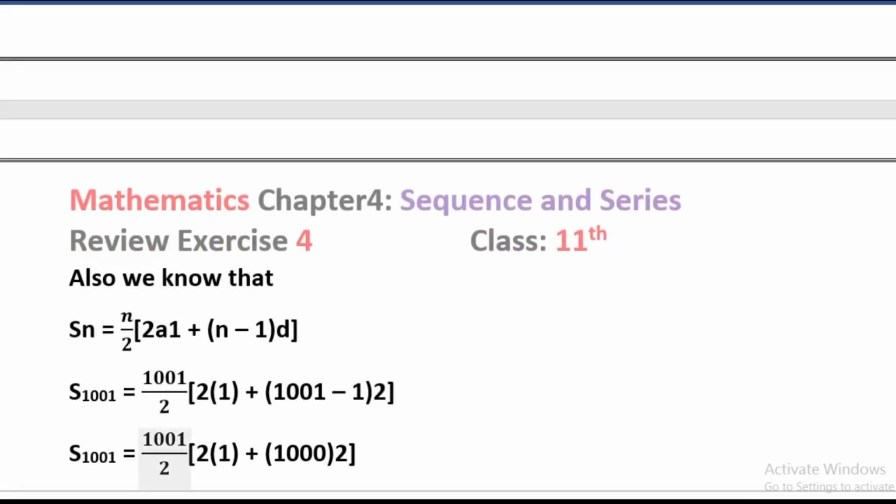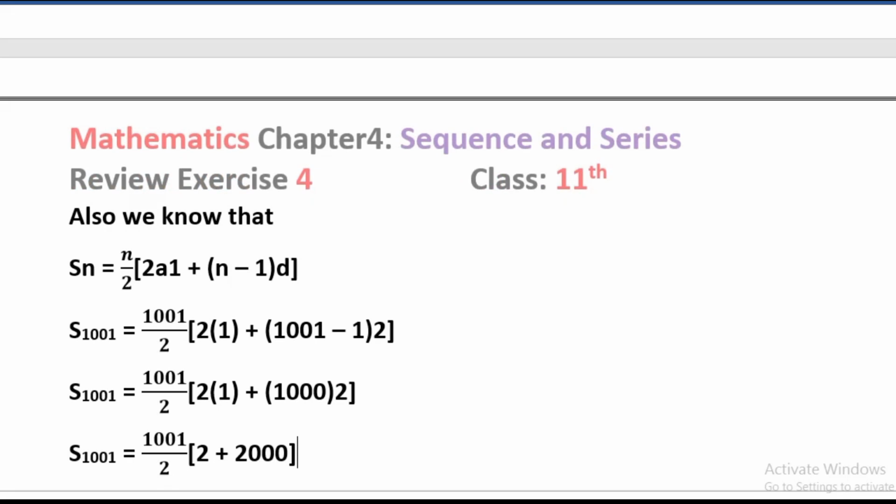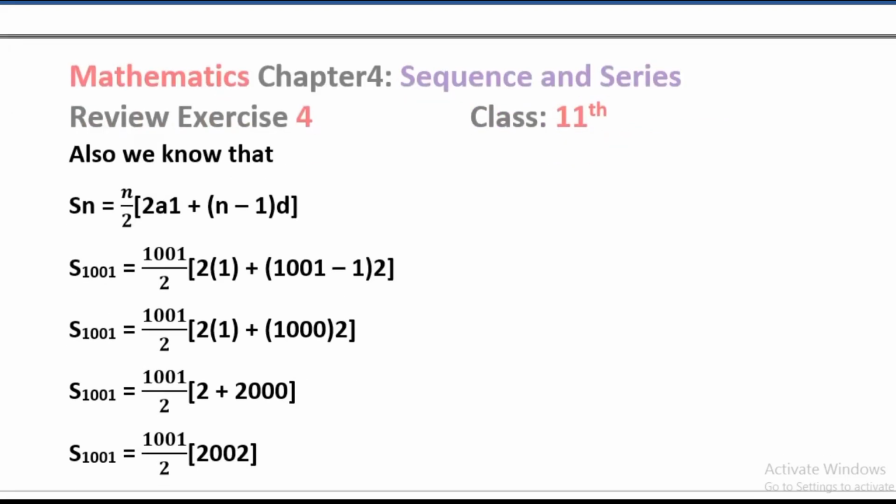So 1001 divided by 2 into 2 into 1 plus 1001 minus 1, which is 1000, into 2. So 1000 multiplied by 2 is equal to 2000, plus 2 into 1, so 2002.